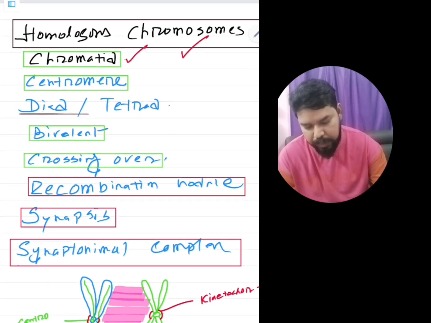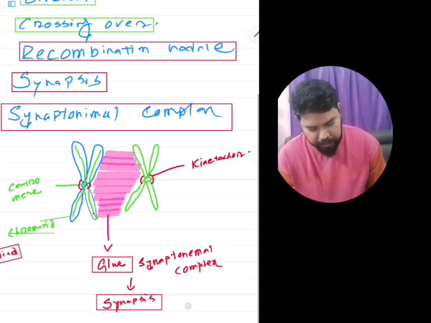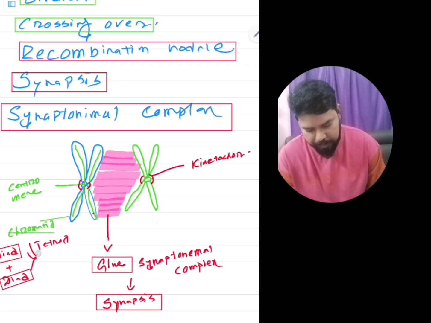Till now we have understood the homologous chromosome, the chromatid, and the position of the centromere. How many chromatids in one chromosome? Two chromatids. One chromosome with two chromatids is called a dyad. Dyad plus dyad will form a tetrad.